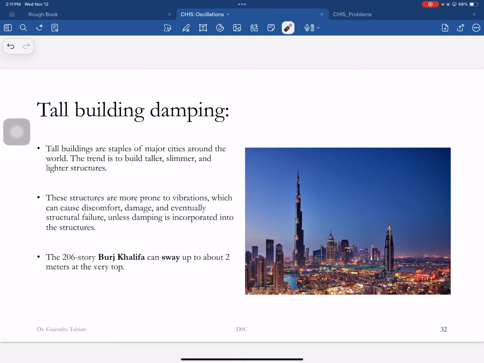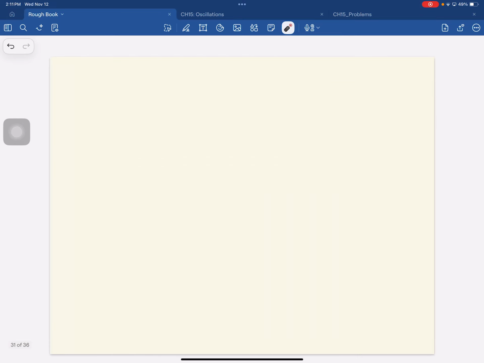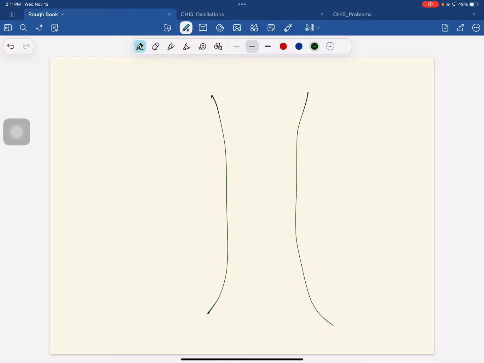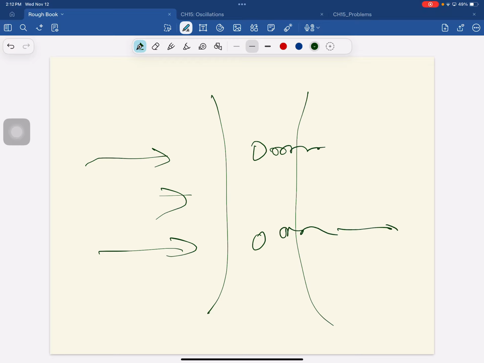So here was what was happening at the Tacoma Narrows Bridge. Here's the top view of the bridge, and these are the piers underneath, or the pillars. Wind was blowing like that, and then vortices would break away from the pier. This is one of the explanations.